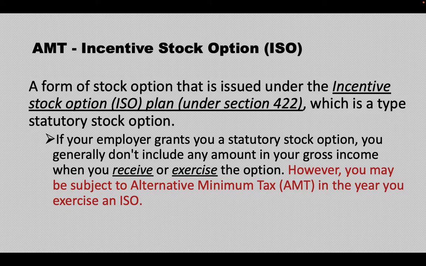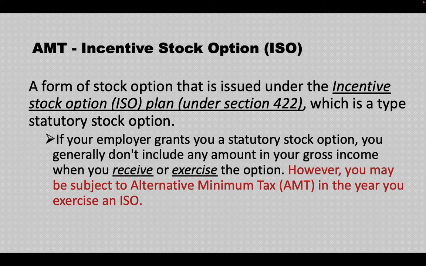Alternative minimum tax is basically designed to capture tax when a taxpayer has too many deductions and tax breaks on everything, so they want you to pay some of the tax.